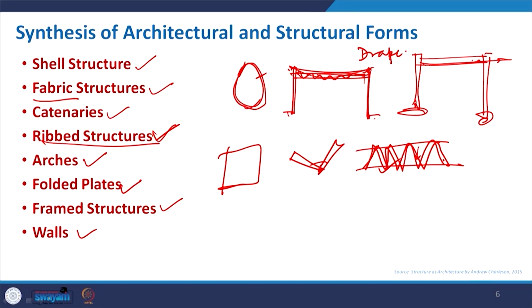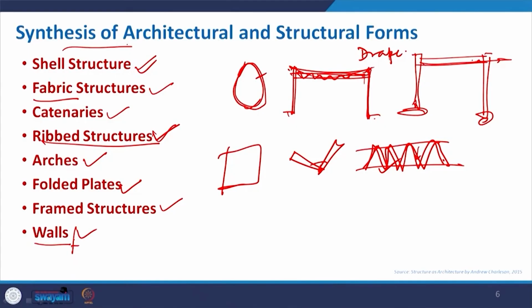The frame structure is very simple, a straightforward beam column composition structure. This is something normally we see in any house, and it has been practiced for so long. Then the walls, sometimes we have also shown some examples where you have a very opaque quality in your structure, where you have very less opening or no opening, and walls are predominant.